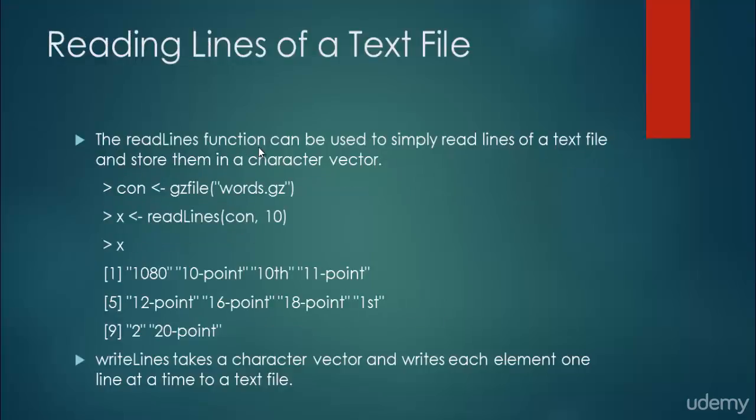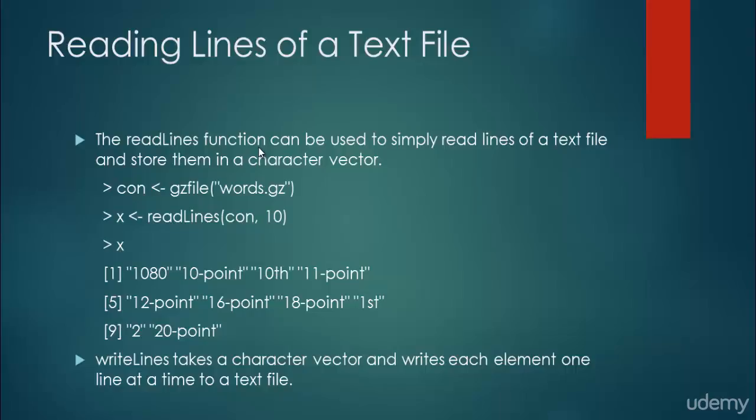And moving on, how to read lines of a text file. I don't have a sample for this GZ file. So let's say you have a compressed file in the format of GZ, and you can use the function readLines to simply read the lines of the text file and store them in a character vector using a connection con. You can use gzfile to read, let's say there is a file named words.gz, and you can directly connect to that file and read it.